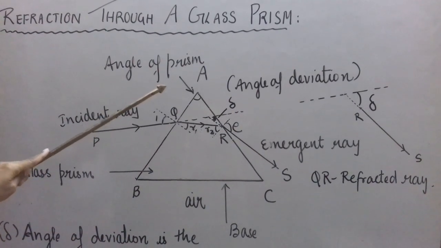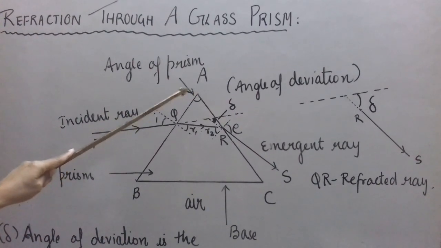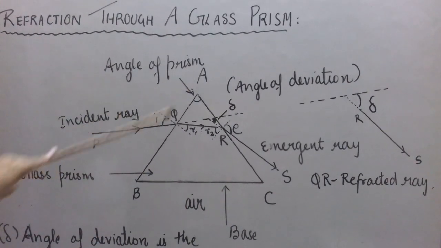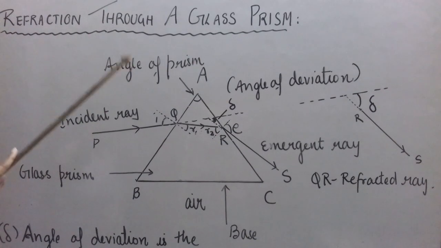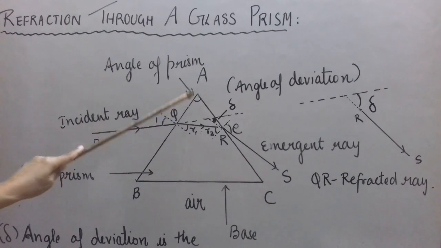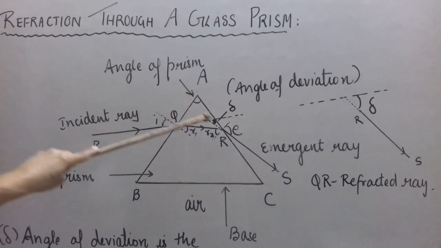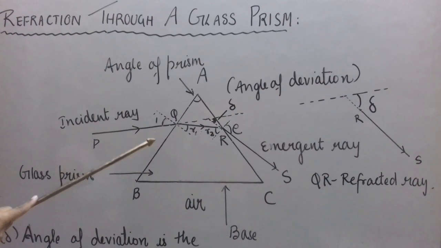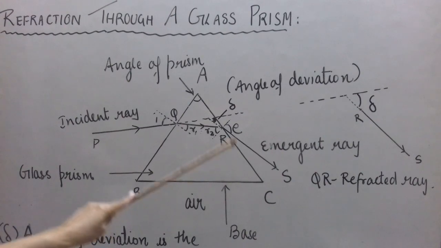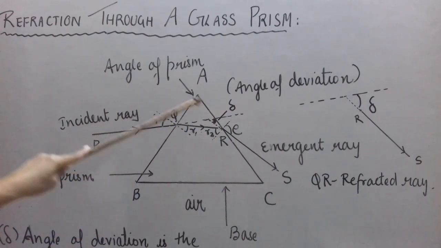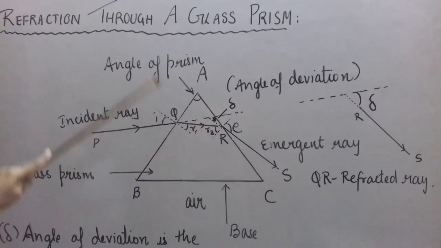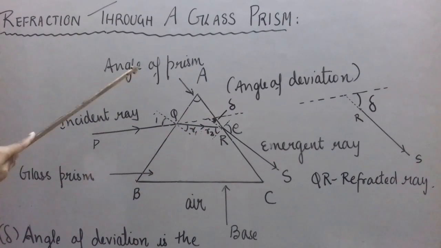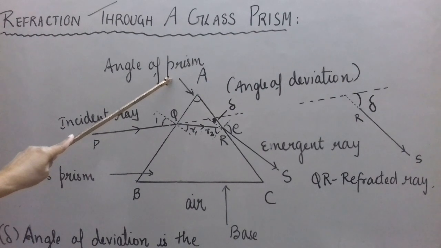Now in the slab, I gave the boundary name ABCD. Here I have 3 points of the boundary, I have given the names A, B, C. Now this is the angle between the two refracting surfaces of the prism. Because in this prism the refraction takes place at these two surfaces, I can call AB and AC the refracting surfaces, and the angle between the two refracting surfaces of the prism is called the angle of prism.